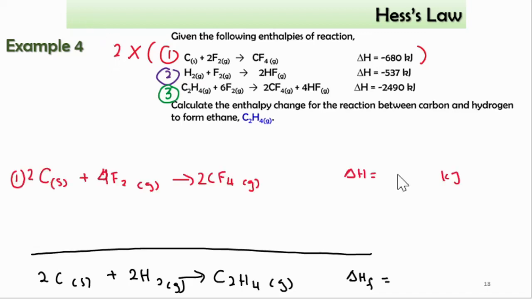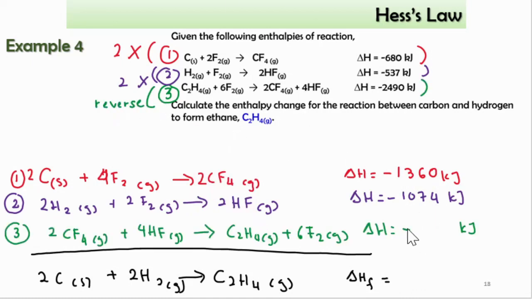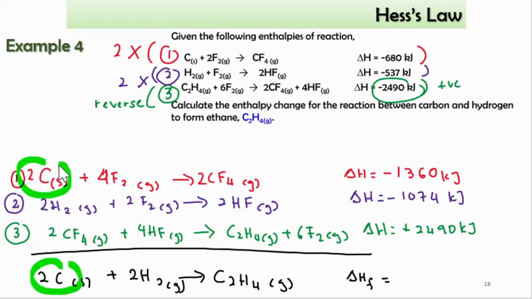For example 4, the steps are the same, just do it step by step. So for the second equation, it's supposed to be 4HF. Okay, I missed out the times factor of 2. Double check with your target equation.